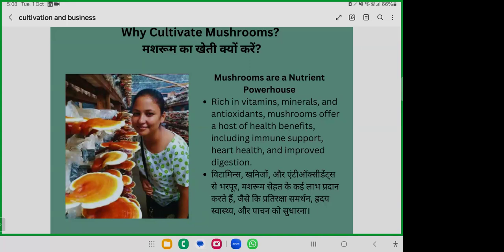Mushroom is our product, so we have to understand the mushroom's values as well. One of the most important is that mushrooms are a nutrient powerhouse, rich in vitamins, minerals, and antioxidants. Mushrooms offer a host of health benefits, including immune system support, heart health, and improved digestion.